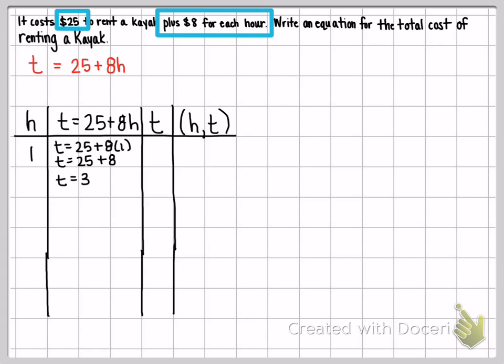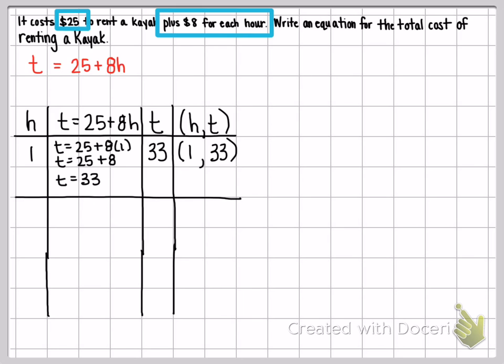T equals 33. So for 1 hour, it will cost you $33. Every ordered pair has a story, and each part of that ordered pair gives you information about the problem.